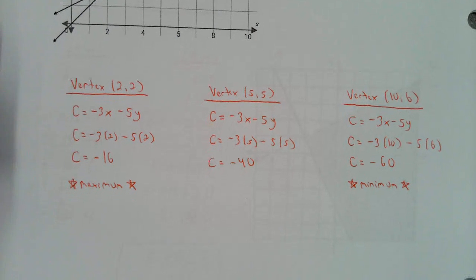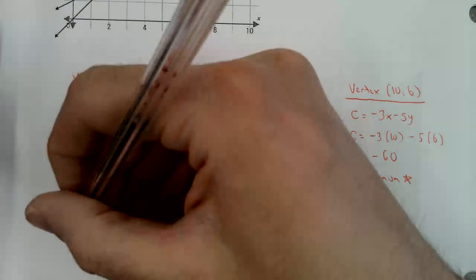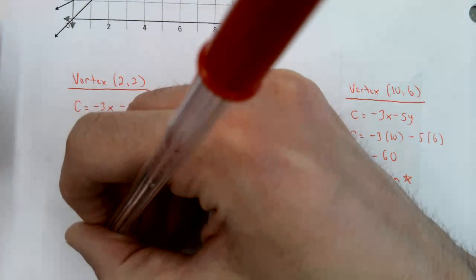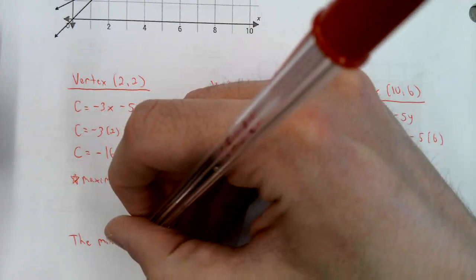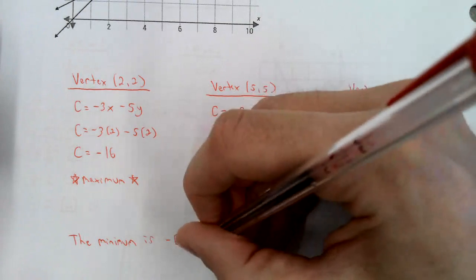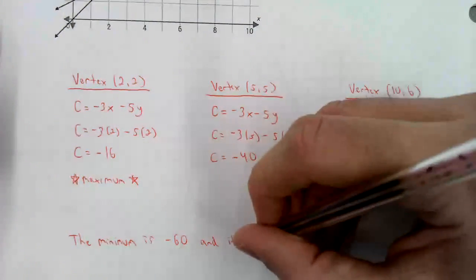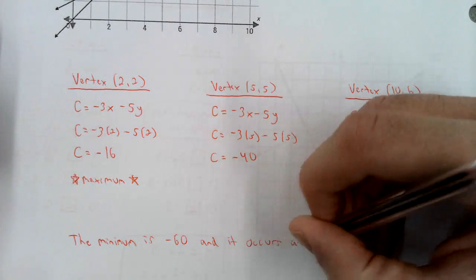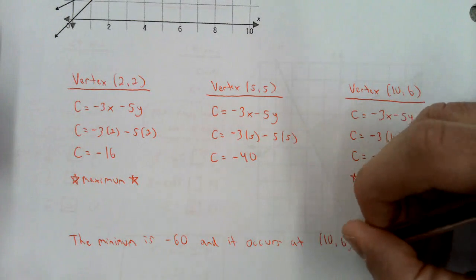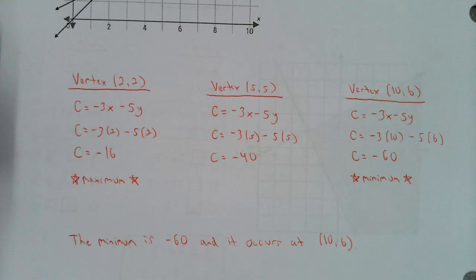The minimum is negative 60, and it occurs at 10, 6. The maximum is negative 16, and it occurs at 2, 2.